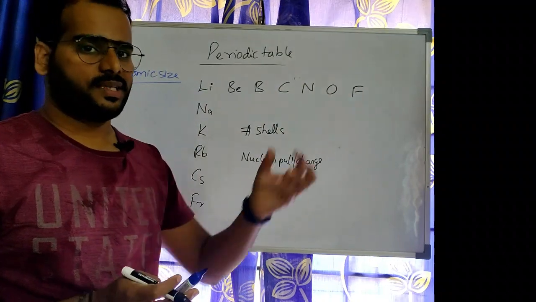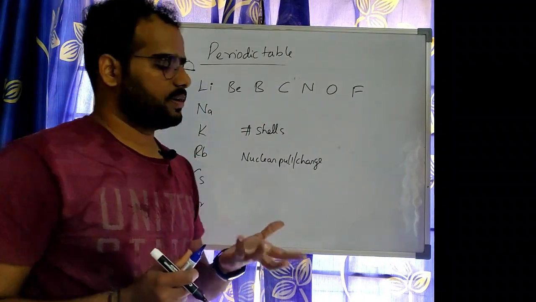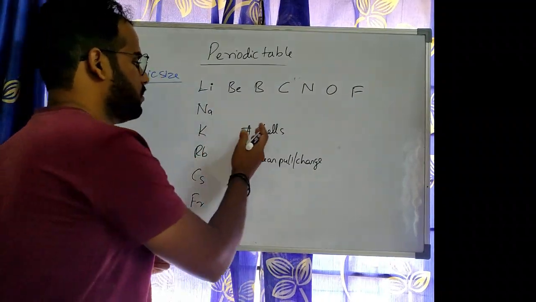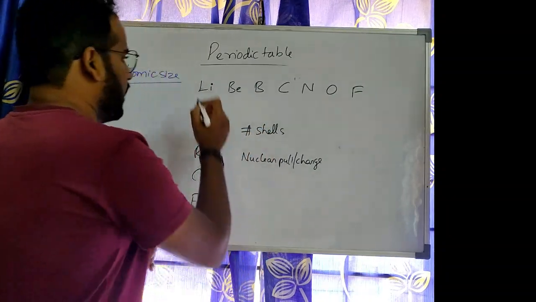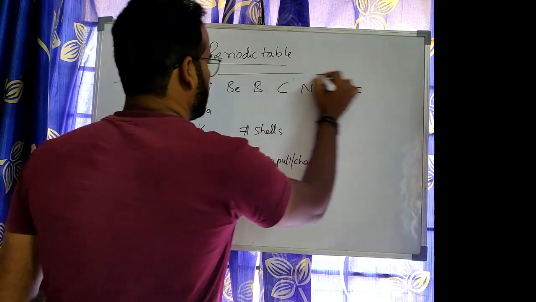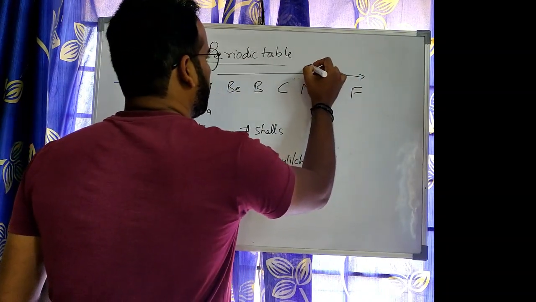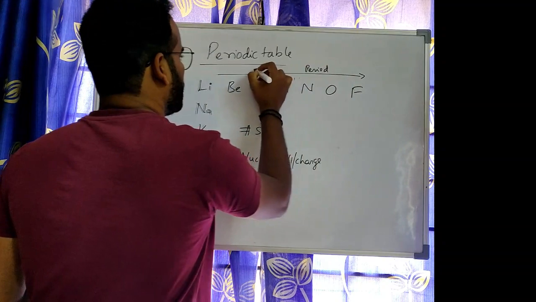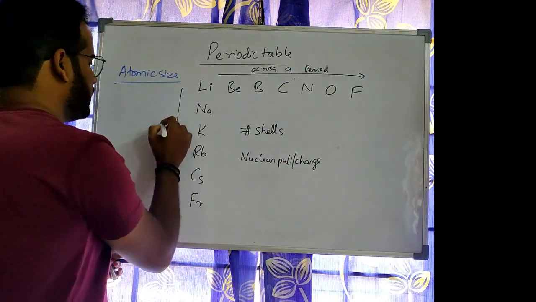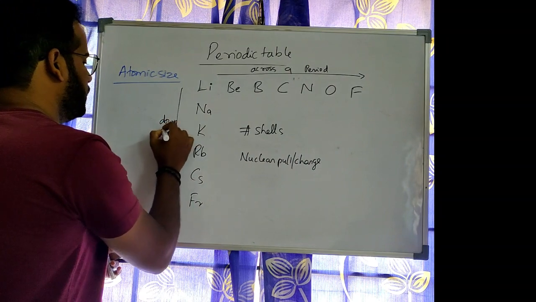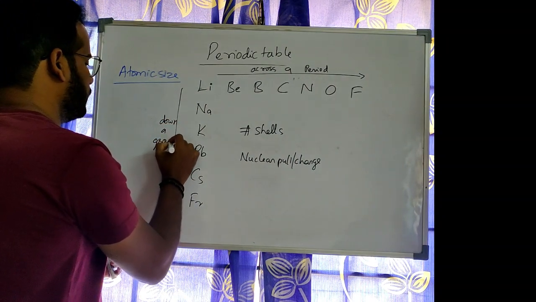The more the number of protons, the stronger the nuclear pull. The number of shells depends upon how many electrons there are. So as you go across a period, this will be your trend across a period, and this will be your trend down a group.